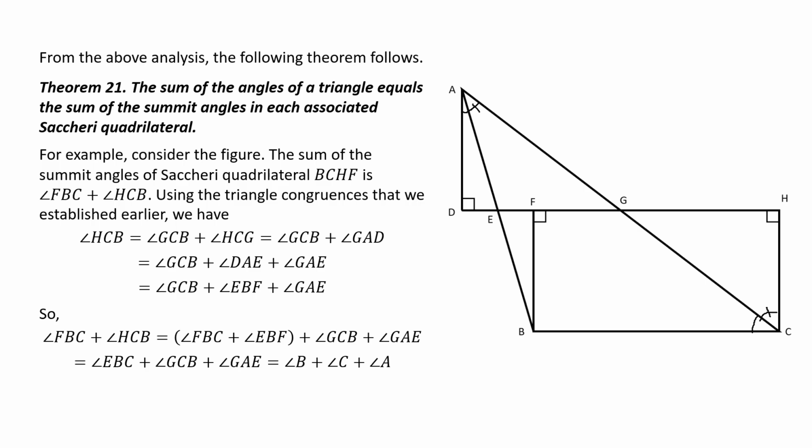So just writing that out, we have HCB equals GCB plus HCG. Excuse me. And then we carry over the GCB, but then we replace HCB with this angle up here, which is GAD.